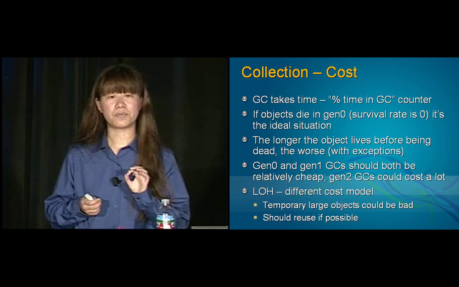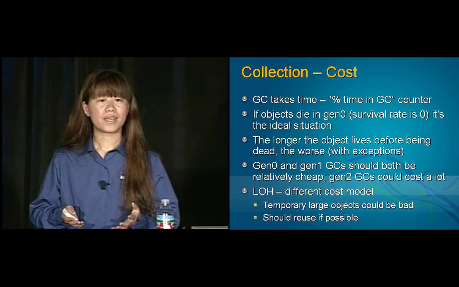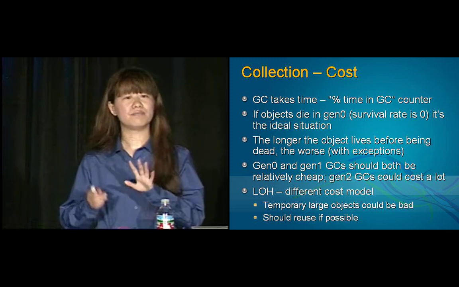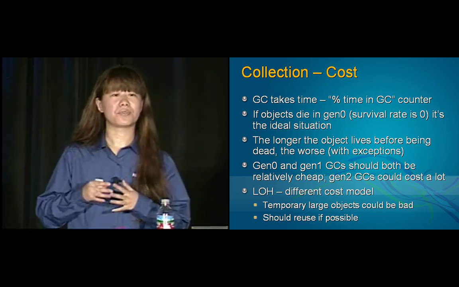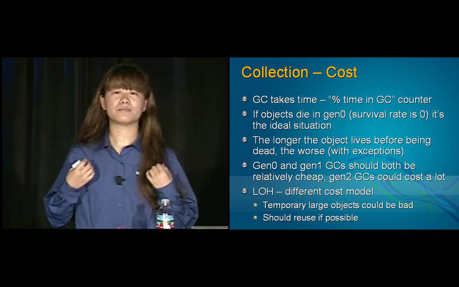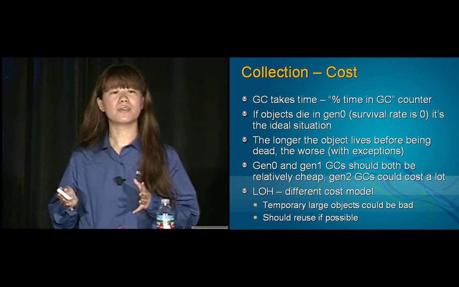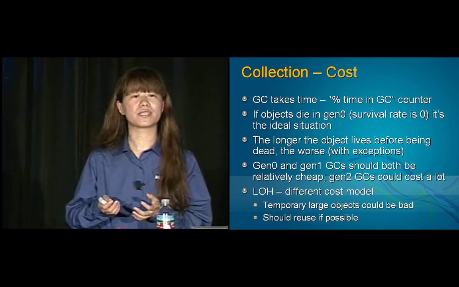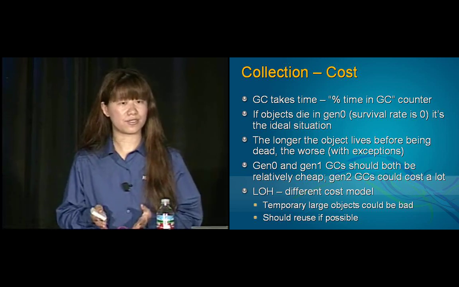large object heap. And if you also have a large Gen 2 heap and not much stuff gets churned there, which means if we collect that, we're not going to get much space back. This means that you keep triggering Gen 2 GCs, and you have to go through this big Gen 2 heap, yet you only get a relatively small amount of space back from the large object heap, and that's not a good situation.